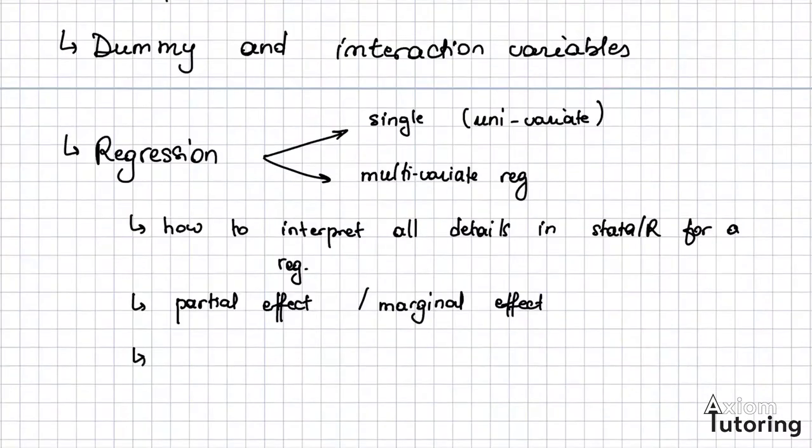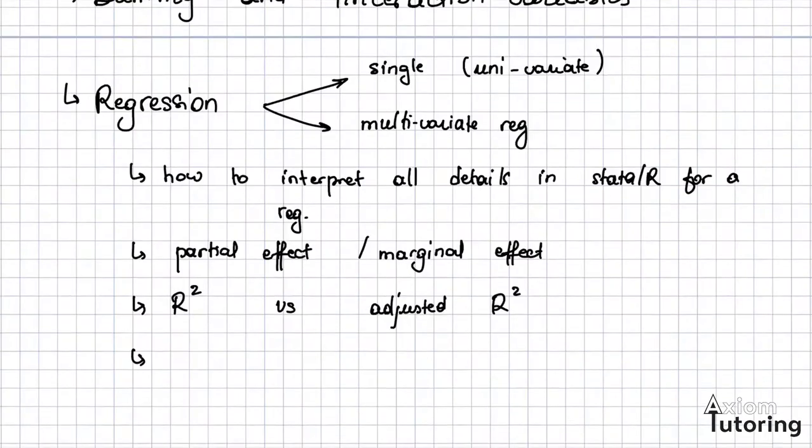We'll need to learn about the R squared versus the adjusted R squared. We're going to need to know more about standard errors and their relation to t-tests and f-tests.